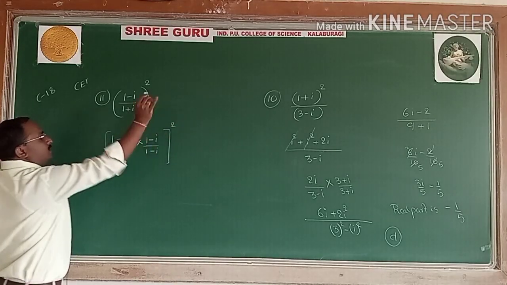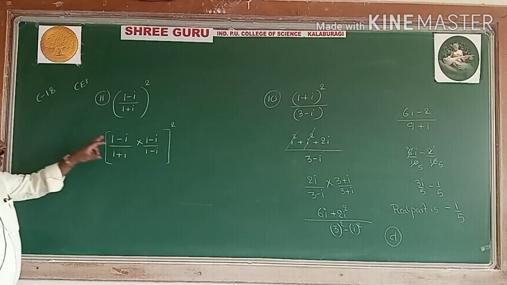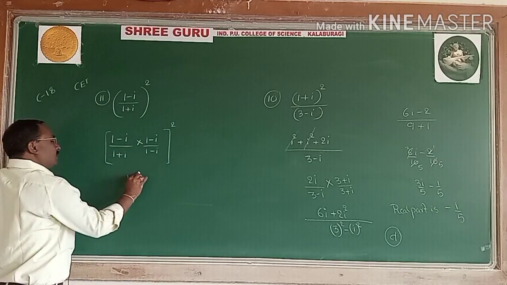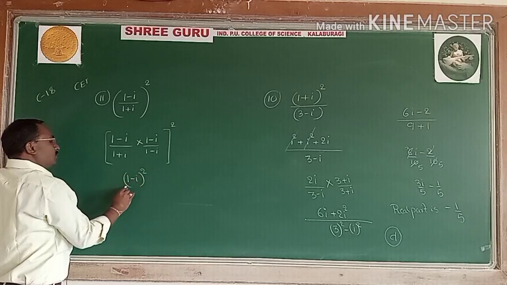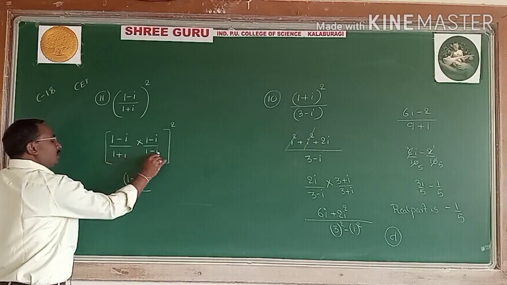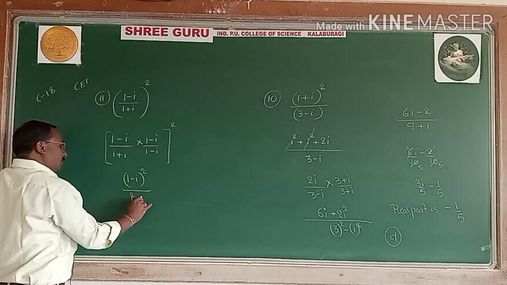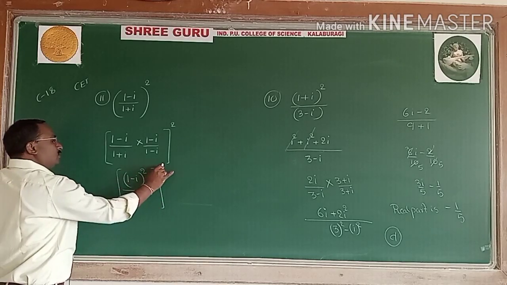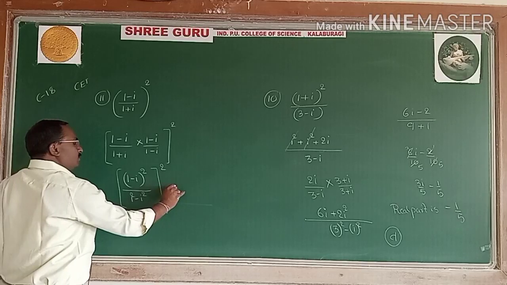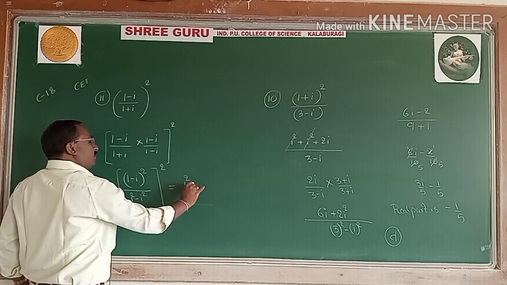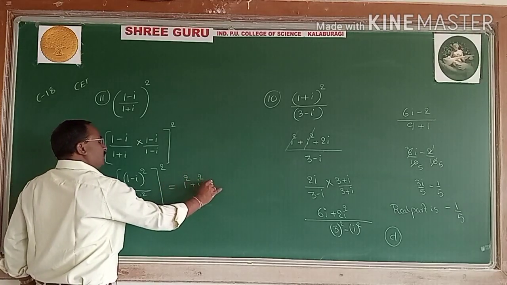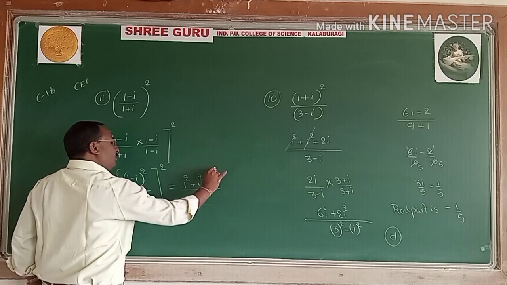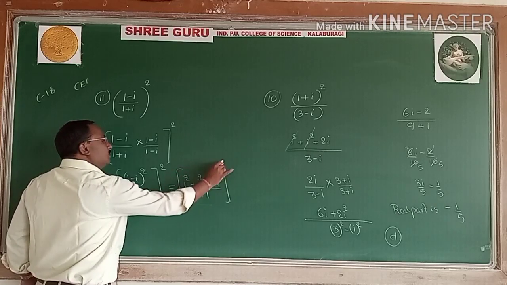The denominator is a square as it is. For the numerator, (a minus b) whole square, that is (1 minus i) whole square. For the denominator, a plus b times a minus b is a square minus b square, 1 square minus i square, whole to the power 2. (a minus b) whole square is a square plus b square minus 2ab, that is 1 plus 1 whole square.